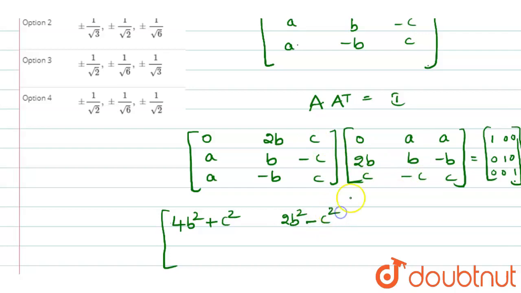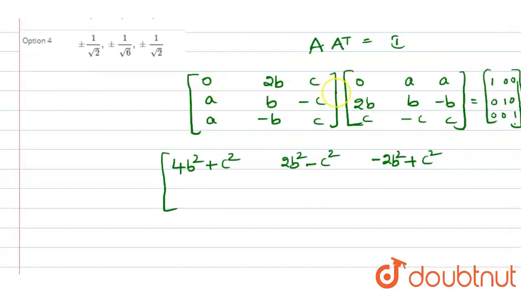Then 0 into a gives 0, 2b into minus b gives minus 2b square, and c into c gives plus c square.